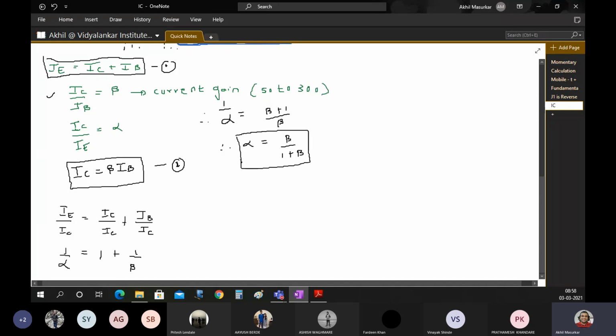And if you want to write beta in terms of alpha, then what will you do? From this very equation we can write 1 upon beta is equal to 1 upon alpha minus 1. So 1 upon beta will be 1 minus alpha upon alpha. So beta is equal to alpha upon 1 minus alpha.